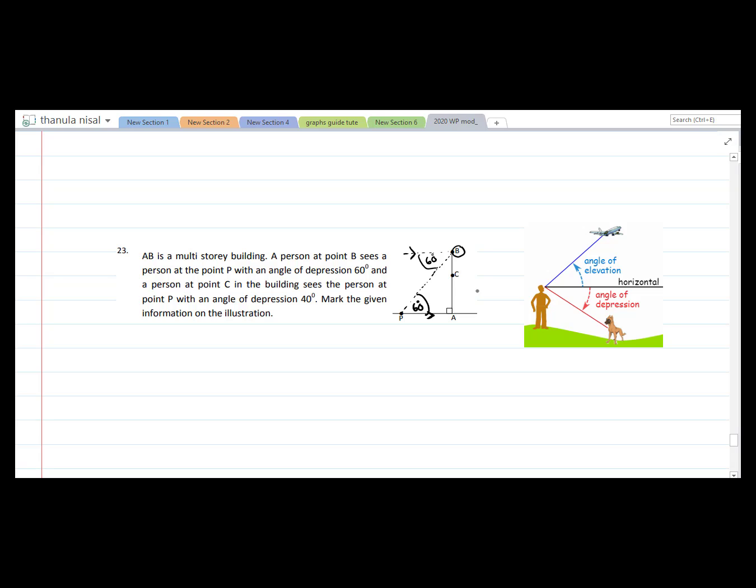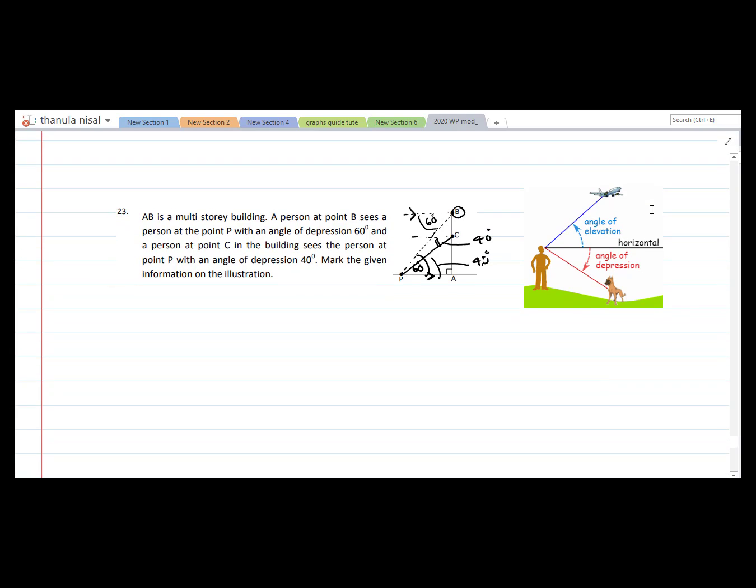A person at C in the building sees the person at P with an angle of depression of 40 degrees. Let's mark the same way. Here 40 degrees. Therefore, this small angle should be 40 degrees. Mark the given information in the illustration.